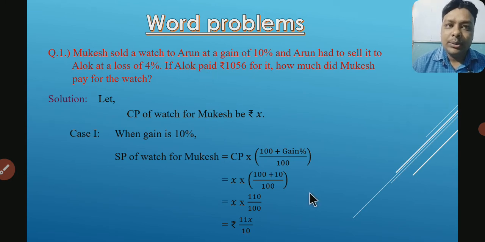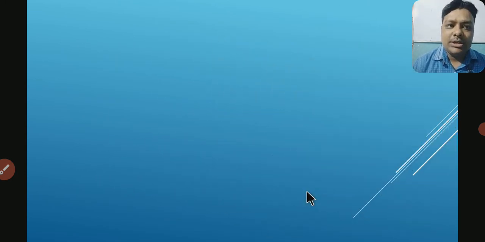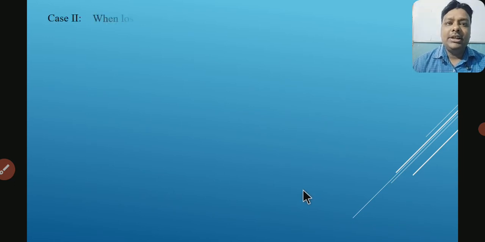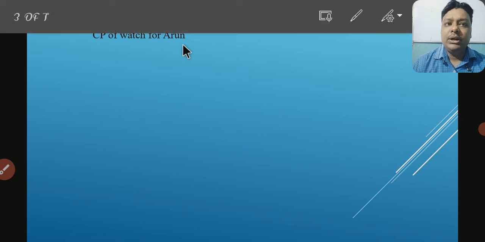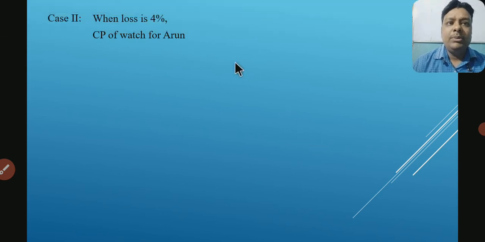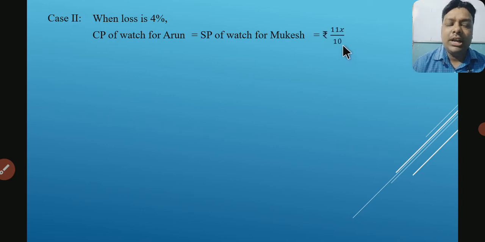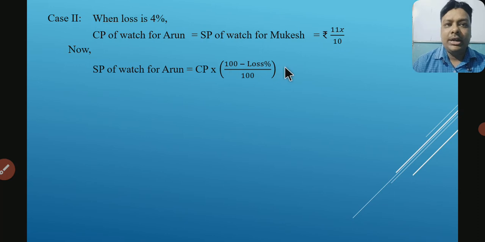In the next slide, I have already written that in case 2, when the loss is 4%, the CP of watch for Arun will be equal to the SP of watch for Mukesh, which we just got, 11x by 10. Now Arun has sold it to Alok, so again we will find the SP of watch for Arun with the same formula, but with loss percent. Here CP is 11x by 10, times (100 minus 4) by 100, which is 96 by 100.